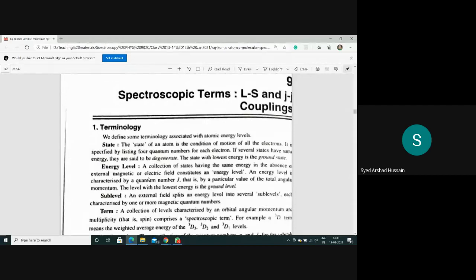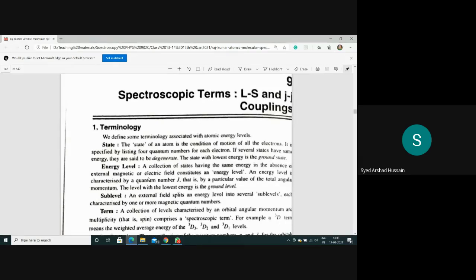But if you apply Zeeman effect, then your P3/2 level splits into another 2J+1, that means another 4 sublevels. Then transitions occur from these sublevels to lower sublevels. This is your component.